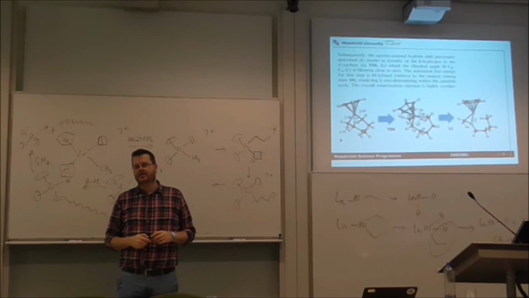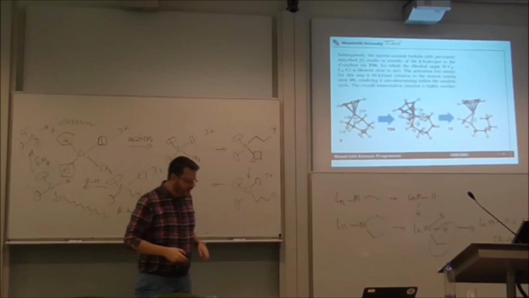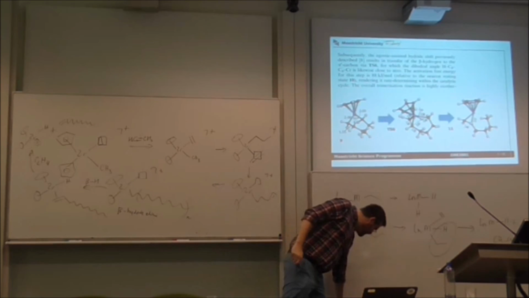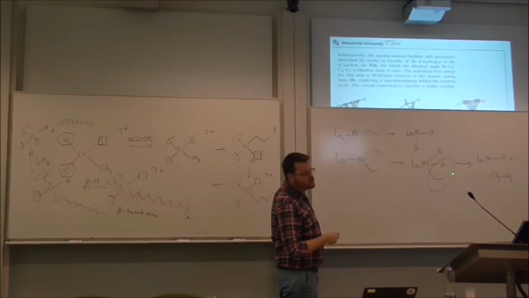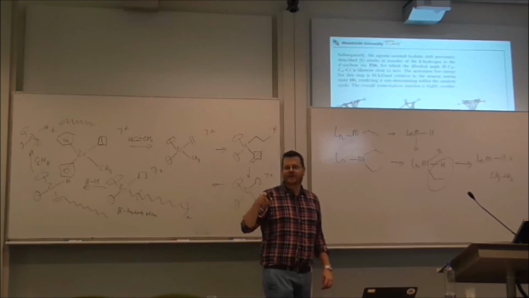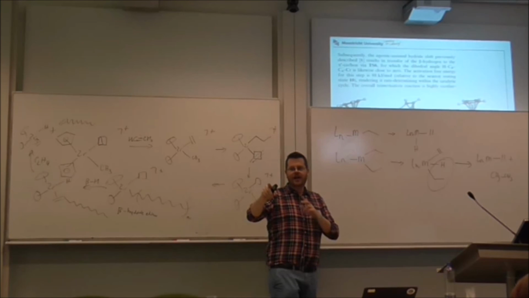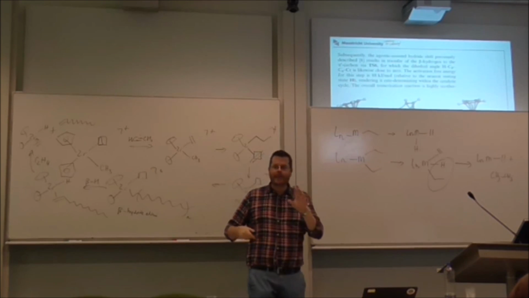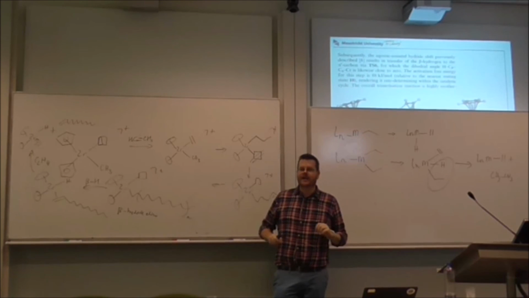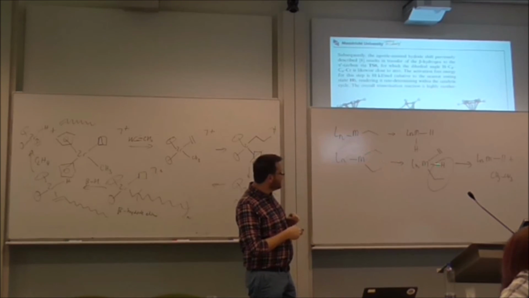Could you show the agostic interaction on your little general one? Yes. Just so I understand. Well, what I've done here is I've sort of done it in two steps, which is not really what happens. It's a good question. What I've done here is I've said if we assume it follows a normal beta hydride elimination, this is what you would see.